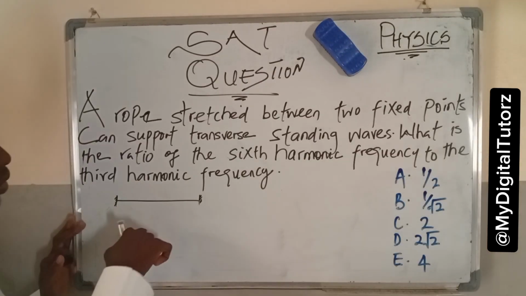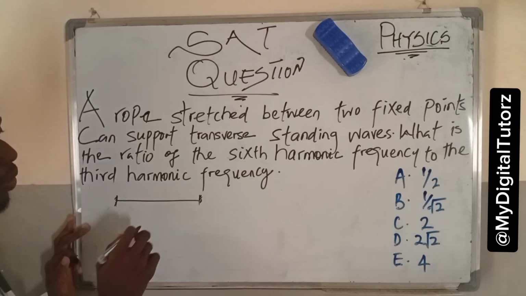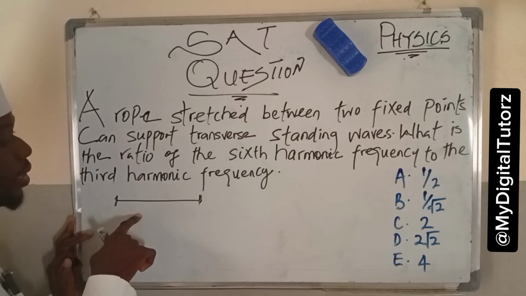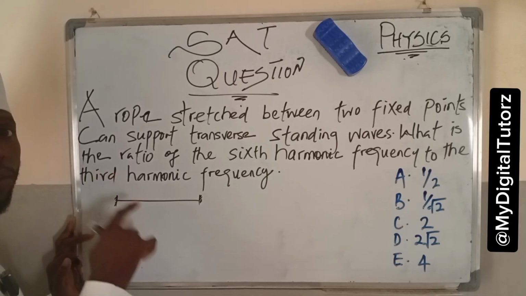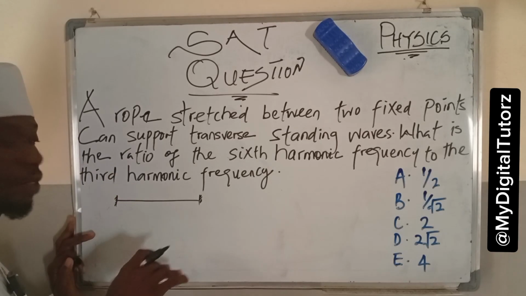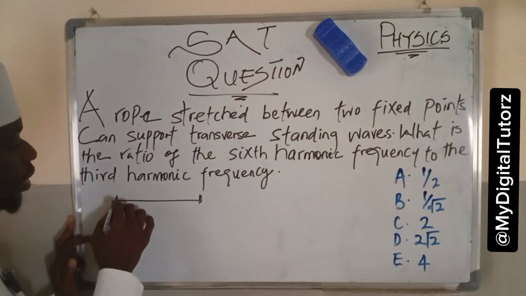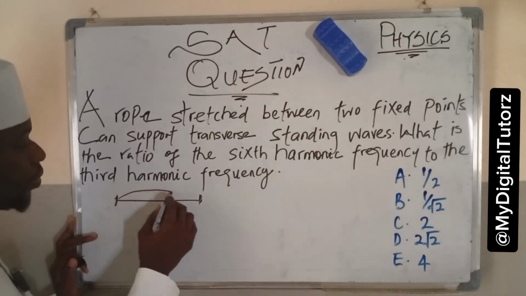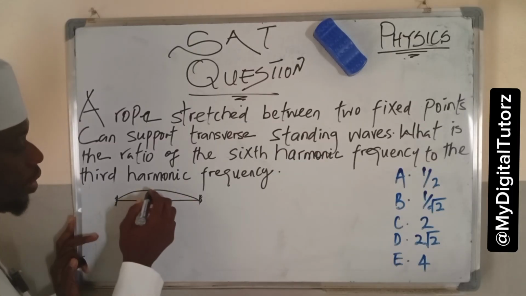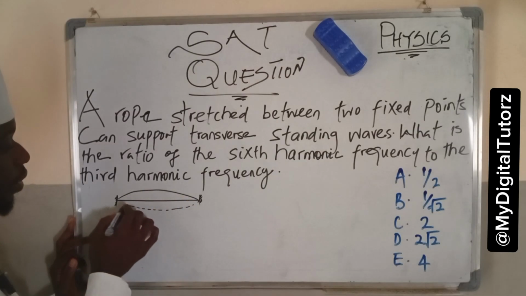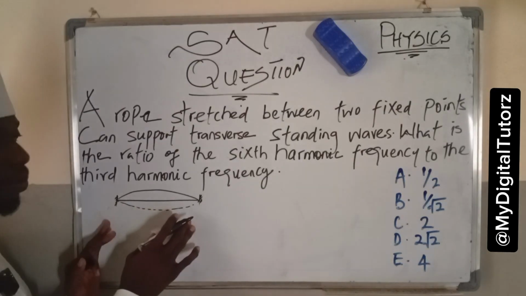When you disturb or pluck this, the frequency known as the first frequency, the fundamental frequency, will give us a single loop. Let's call this one the incident, and here is the reflected. It will give us a single loop.